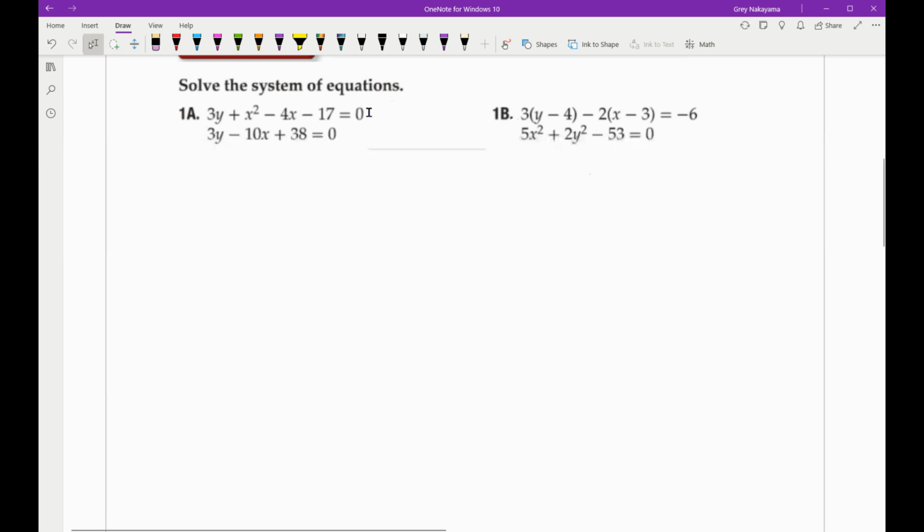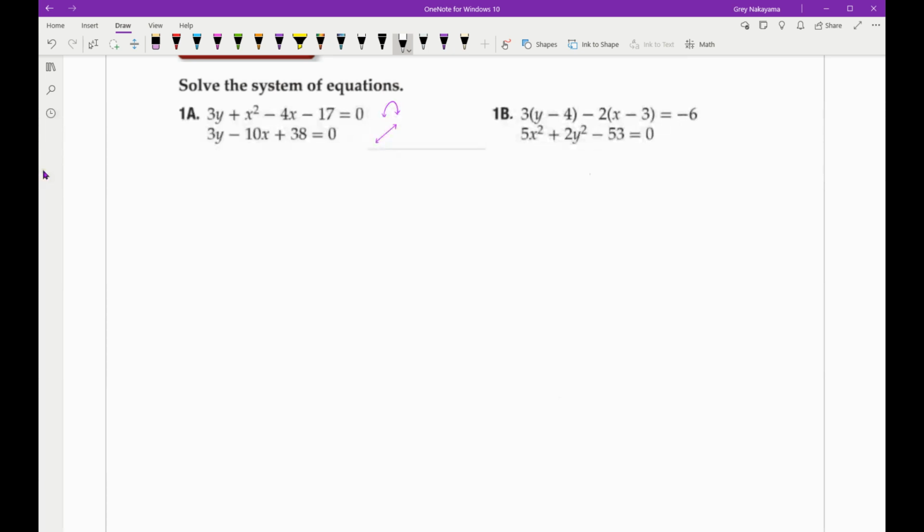There is only one variable that is squared, that is x, so it's a parabola, and if x is squared, it's going up or down. If I put the x's together and move the y to the other side, it will be negative, so that's how I know this parabola is going down. And here we have a line. If you want to solve it for y, you could do negative a over b to find its slope and know that it's going to have a positive slope.